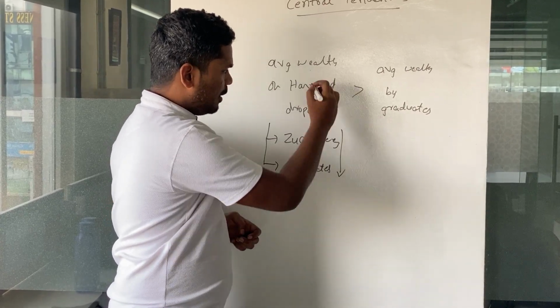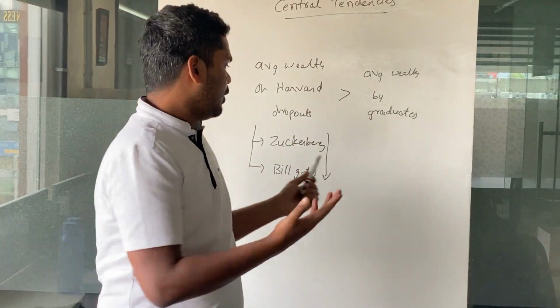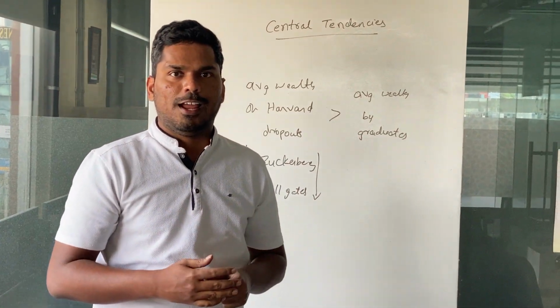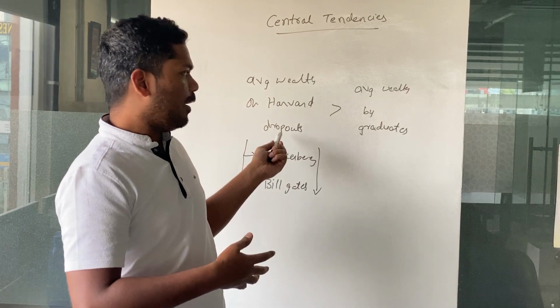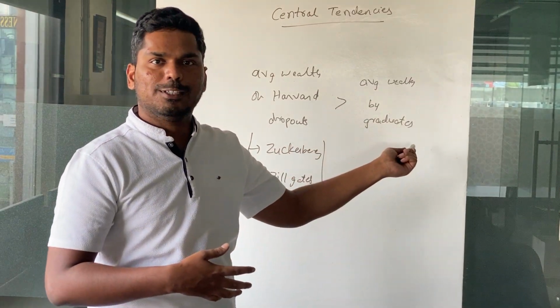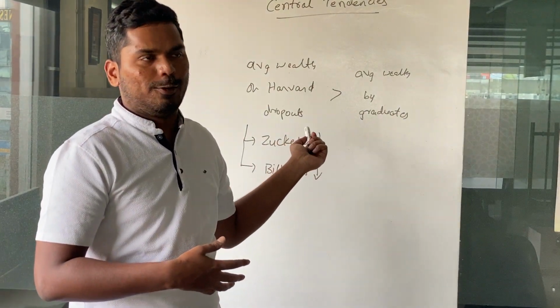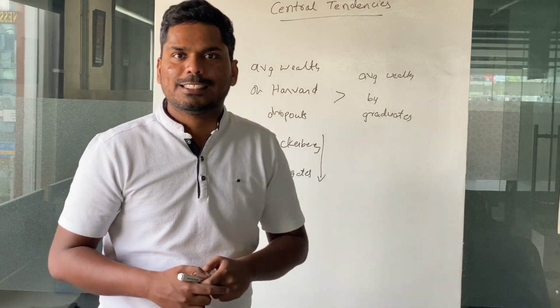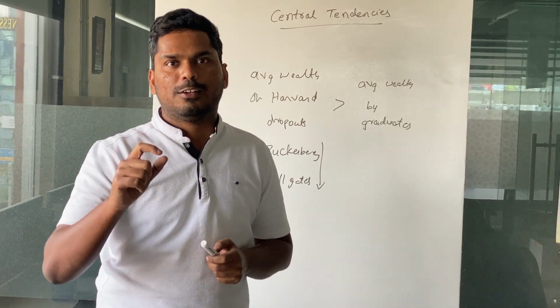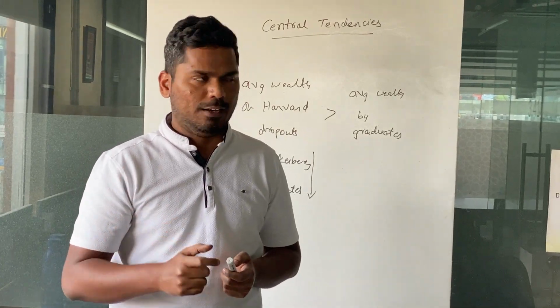These two people dropped out from Harvard, and we all know what their net worth is. And if you take the average net worth of these two people and compare it with the net worth of all Harvard graduates, these guys make it more. So this is one crazy example where we can talk about the effect of outliers on the mean.